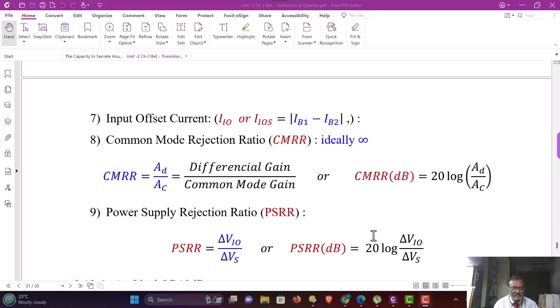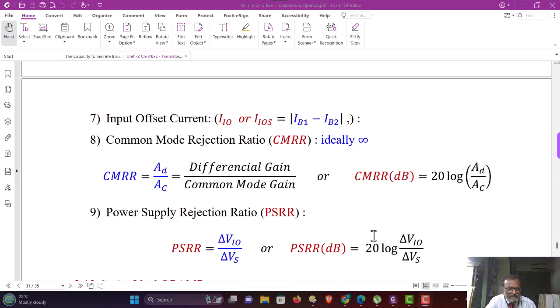The next parameter is common mode rejection ratio, denoted by the symbol CMRR. For an ideal operational amplifier, CMRR is infinity. Thus, for a practical operational amplifier also, the CMRR is very high.